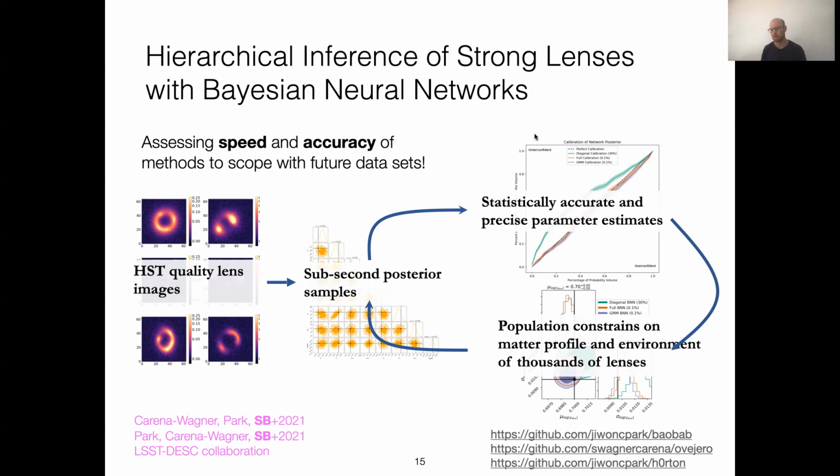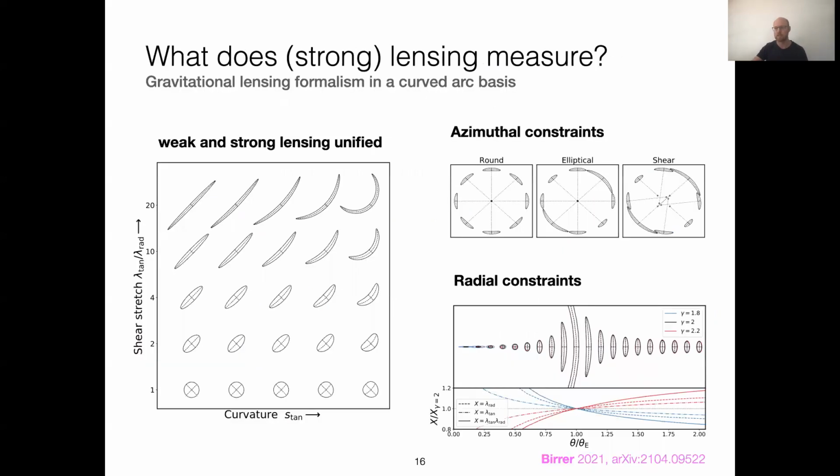So that's one approach. Another work I want to highlight, which I've looked into in detail in the last year, is: what does strong lensing measure? We need to decouple the actual observables from the model assumptions. This becomes more and more relevant the more lenses we deal with and the more we shrink the error bars.